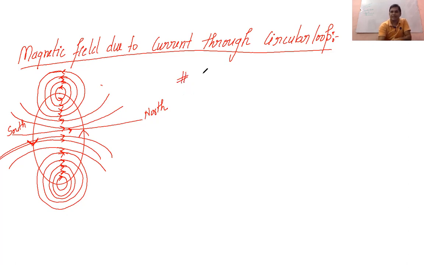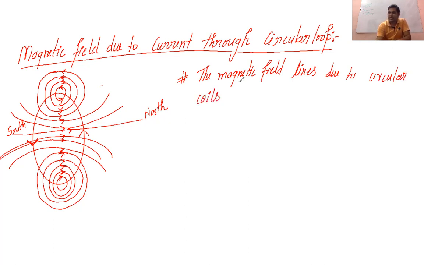You can see. So we can write here some important point regarding this. So what we can write here: the magnetic field lines due to circular coil are in the form of concentric circles. You can see, यहाँ देखिए concentric circles बन रहे हैं.